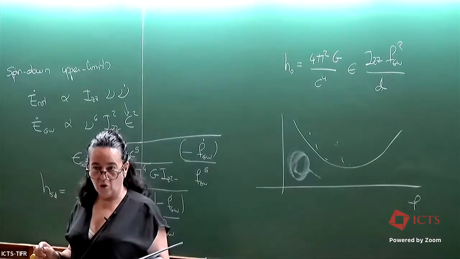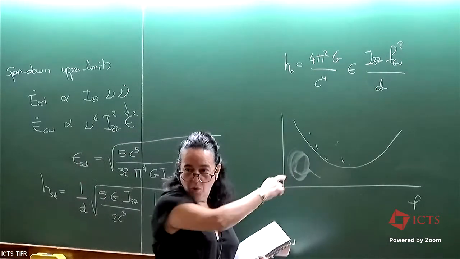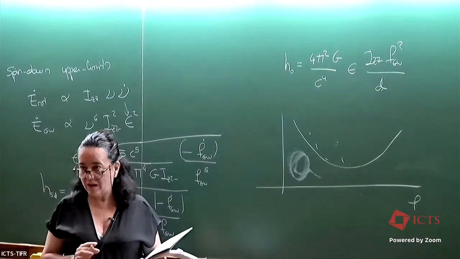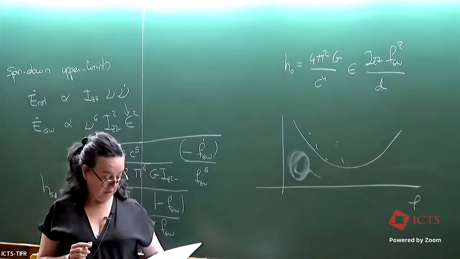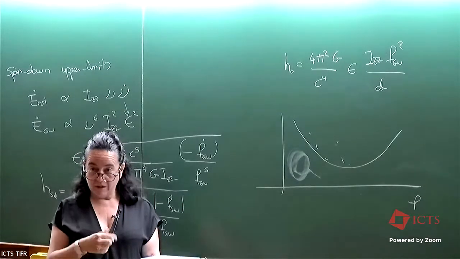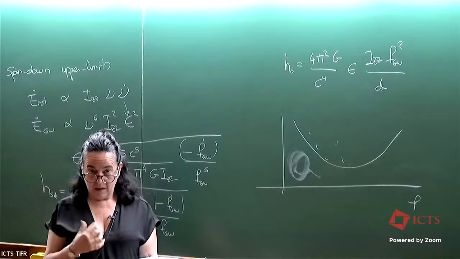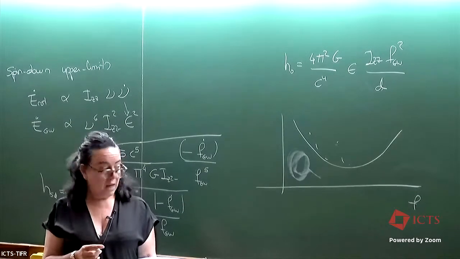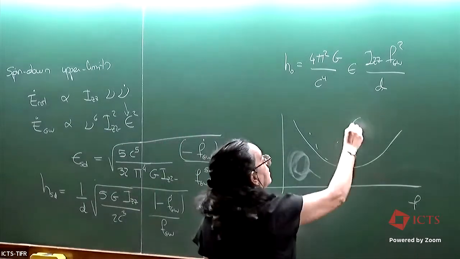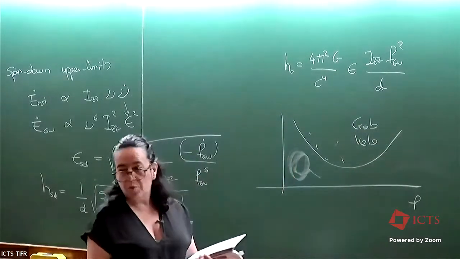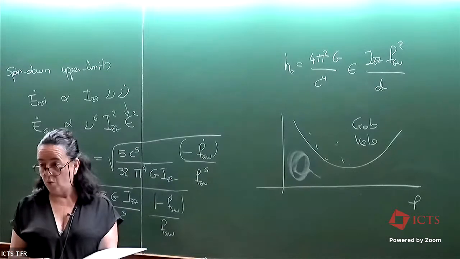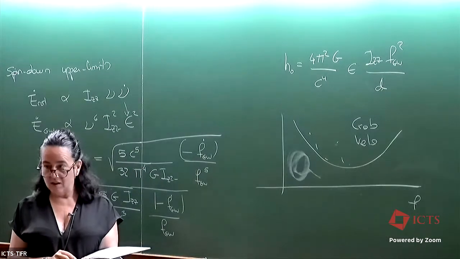So basically, all the ones that are below our sensitivity curve means we have no chance to observe. That is the majority. One should say that there are some of them that are on top of this line, and these are very important. And in particular for Crab and for Vela, we already surpassed the spin-down limits a long time ago, already with initial LIGO in the early 2000s.